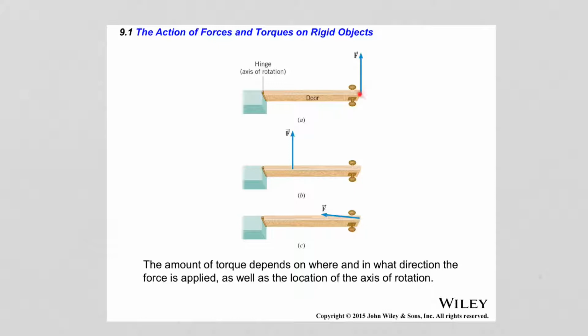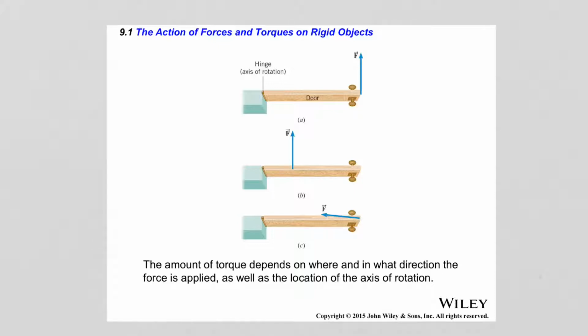In the first two examples, we have the exact same force applied at different distances from the axis of rotation. So that is going to generate a different amount of torque. In the third example, the force is applied at the same point, or the same distance from the axis of rotation, as in the first example. However, this force is angled with respect to the axis of rotation at an angle that is smaller than 90 degrees.